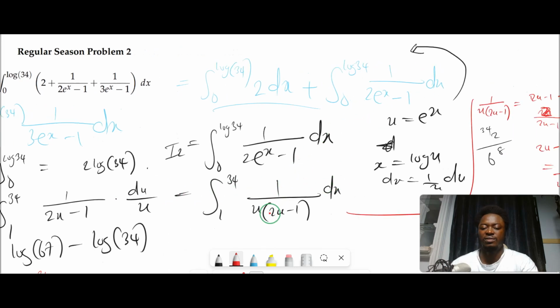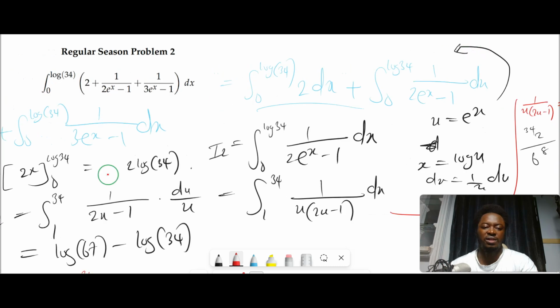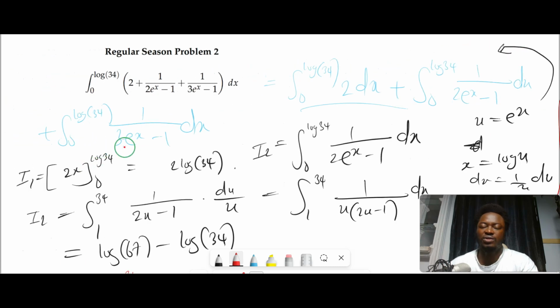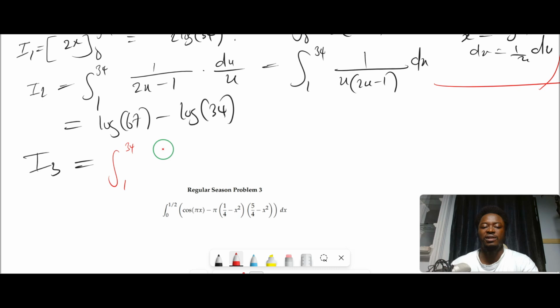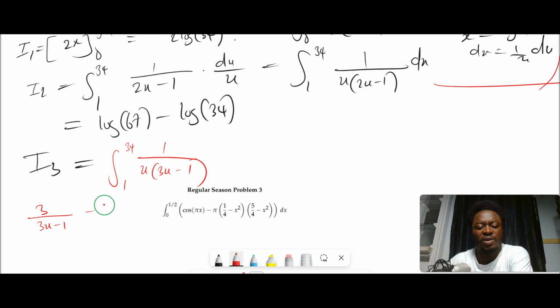If you take u to be e^x, the same thing happens, only that you get 3u minus 1. So you have the integral of 1 over u and then 3u minus 1. I think the partial fraction we did before should work. Let's say you have 3 here, and then you have 3u minus 1 over u. If you do that, it should work.